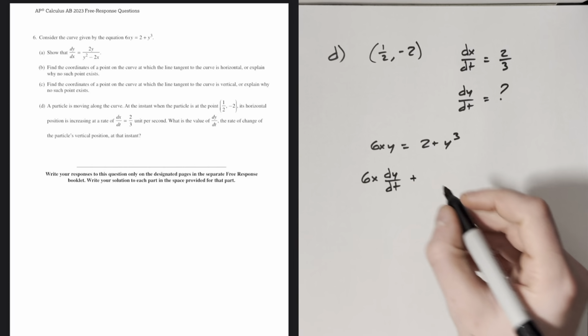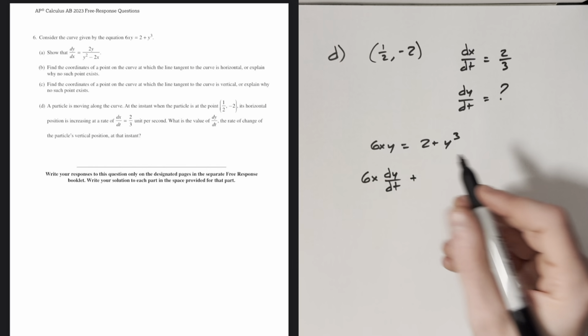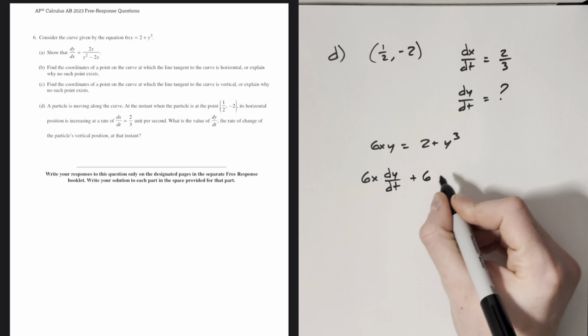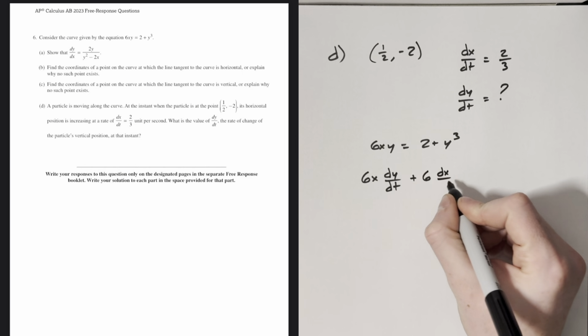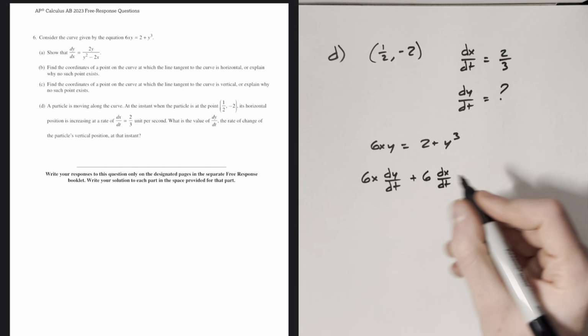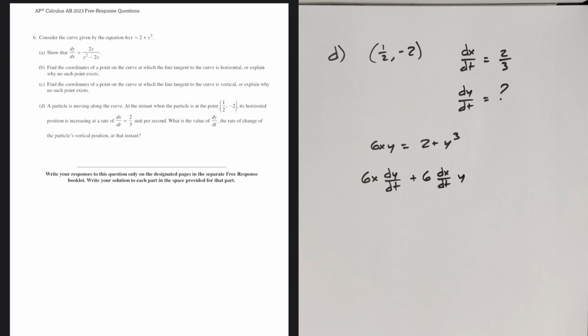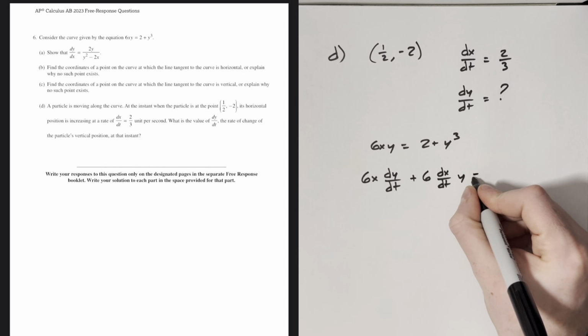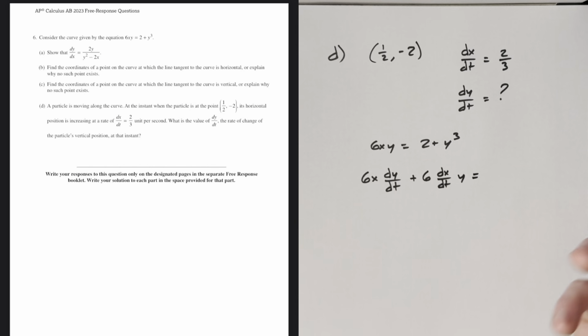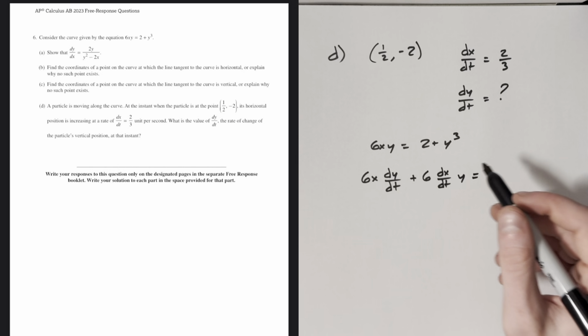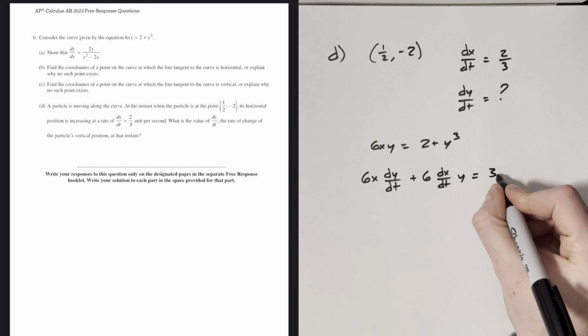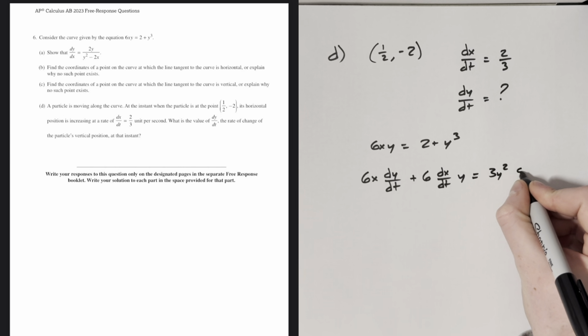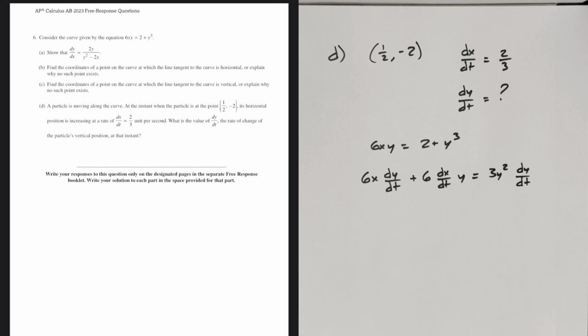Now the second term for product rule is derivative of the first term, so dx dt, times my second term, which is y. So that's my left side. My right side, the derivative of 2 is just 0. The derivative of y cubed is 3y squared times dy dt.